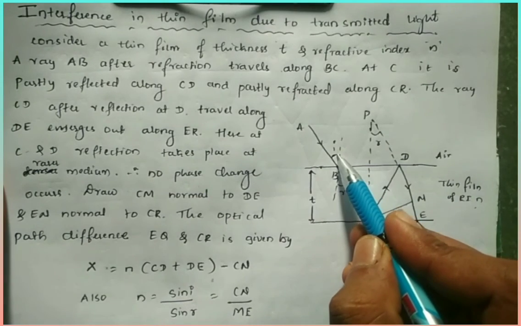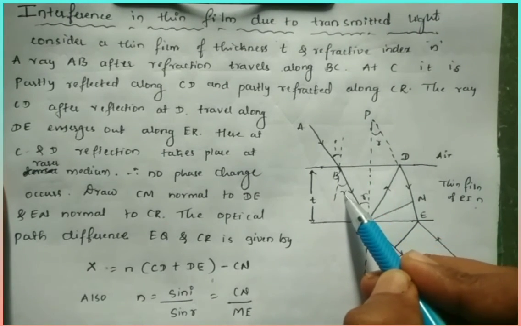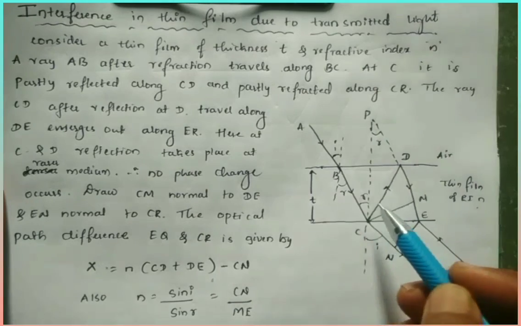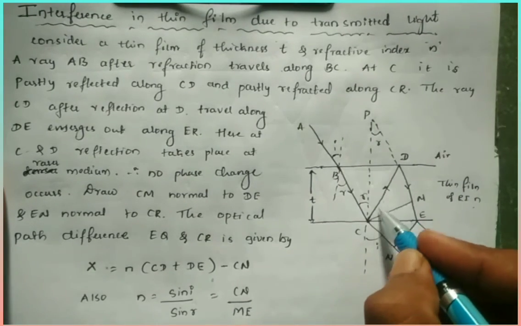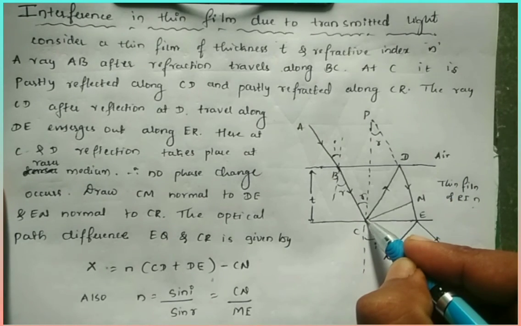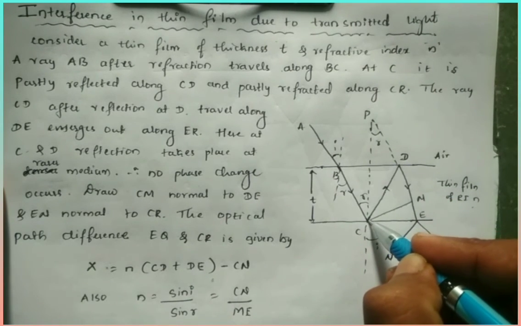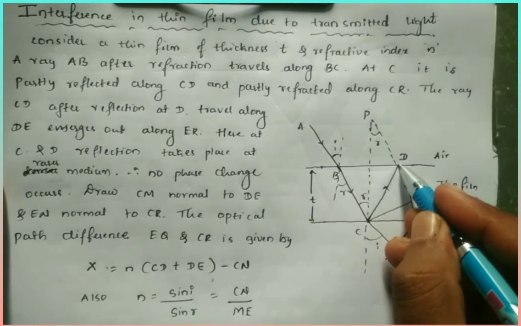The angle of incidence is i and the angle of refraction is r. This refracted ray is again reflected back from the point C along the path CD.